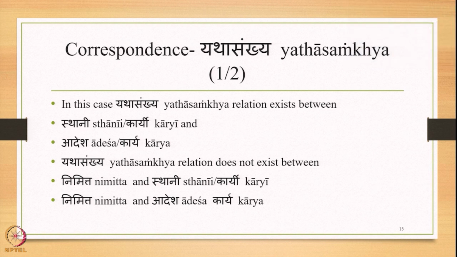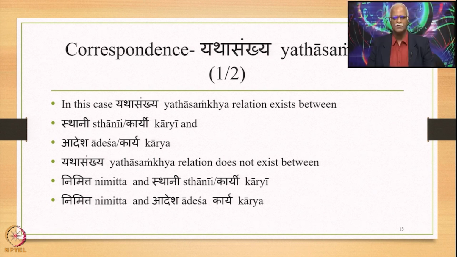Since we have stu and shchu, where we have stu as sthani or karyi and shchu as adesha or karya and also as nimitta, the natural question is about the correspondence between them, and the answer given by the tradition about this correspondence is the following.